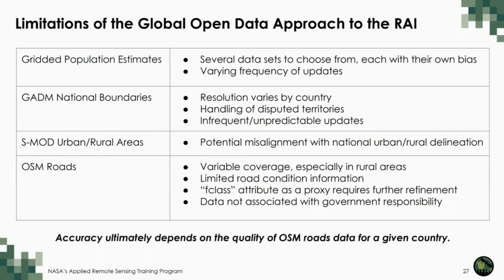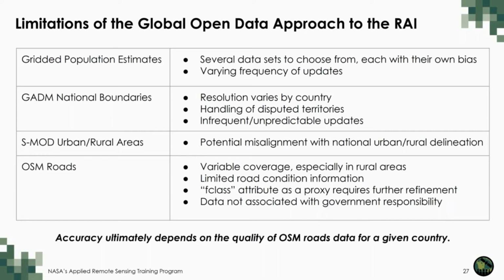With regard to defining rural areas, SMOD may not align with the national definition of rural areas, which are used for policy and resource decisions. And in terms of roads data, as a crowdsourced dataset, OSM quality and coverage can vary by country, especially in rural areas.